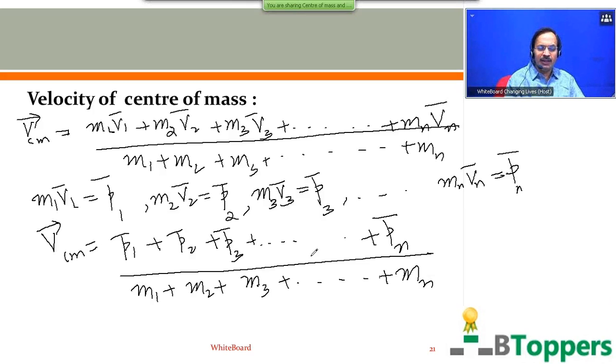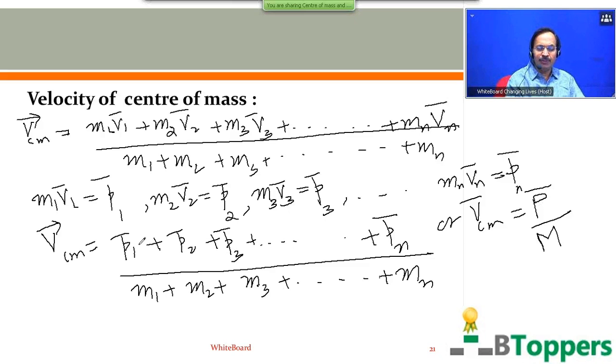So the vector sum of linear momenta of all the n particles gives you the total linear momentum of the system, which may be denoted by capital P bar. The sum of the masses of all the particles gives the total mass of the system, denoted by capital M. So the velocity vector of the center of mass of the system of particles equals the vector sum of linear momenta of all the particles divided by the total mass of the system.